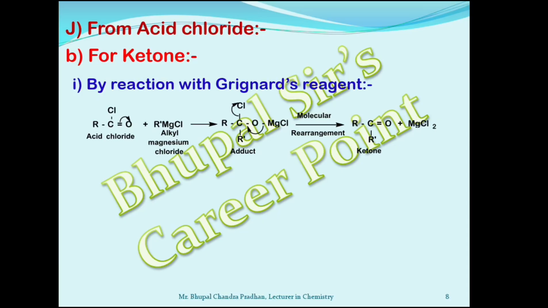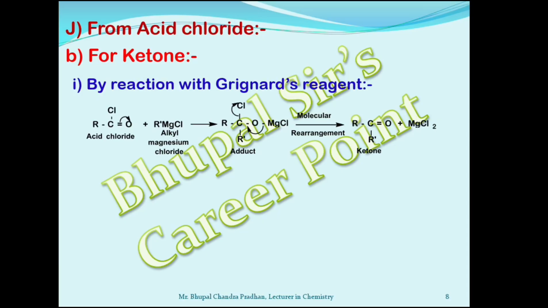what will happen? The bond between carbon and oxygen in acid chloride is not purely covalent. It is polar covalent, polar in nature. Due to the higher electronegativity of oxygen, it acquires a partial negative charge, while carbon acquires a partial positive charge. In case of Grignard reagent, the alkyl group acquires a partial negative charge and magnesium acquires a partial positive charge.